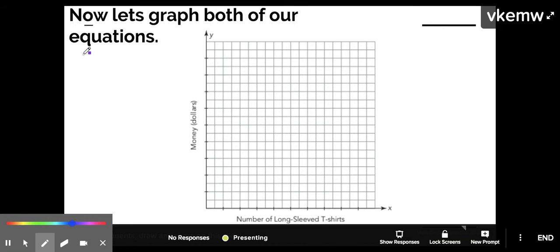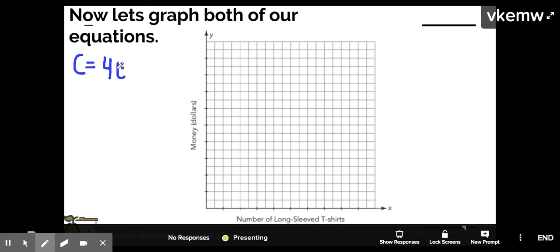What we have is we've identified two equations. We know that our cost will equal 4T plus 160.